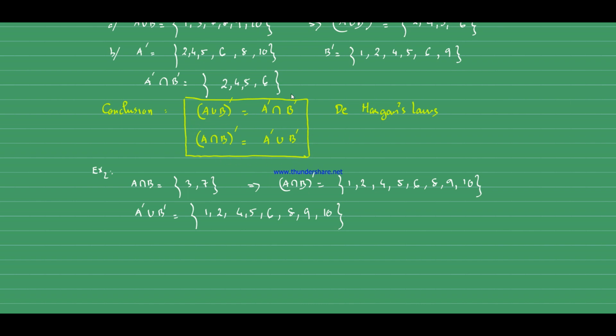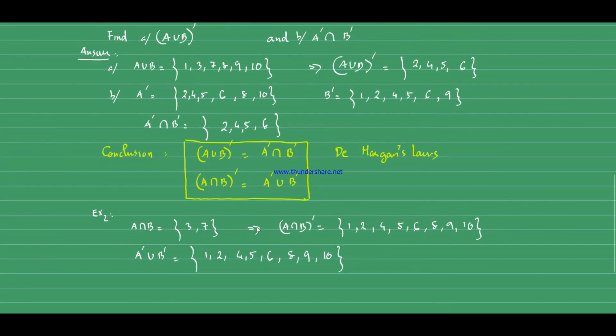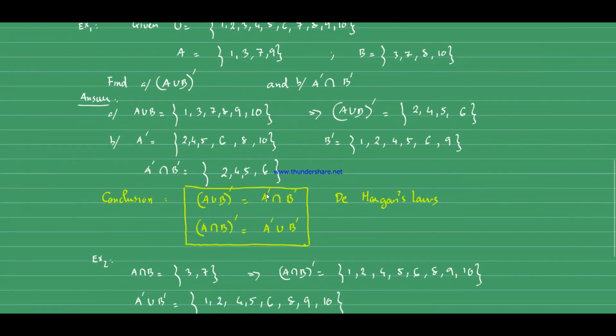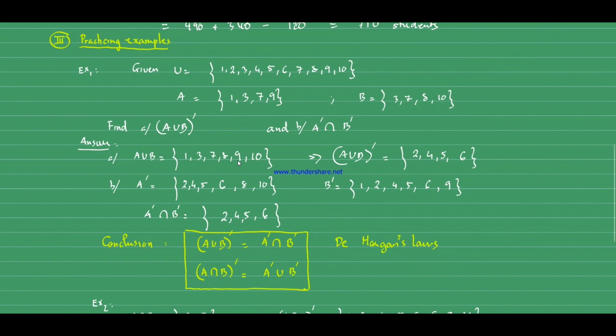Okay. So this information is very important. Later on, you can use this law directly, but at this moment you don't have to. You just look at the universal set, find the complement, and so on. It depends on what they want you to find. You can find it very easily.